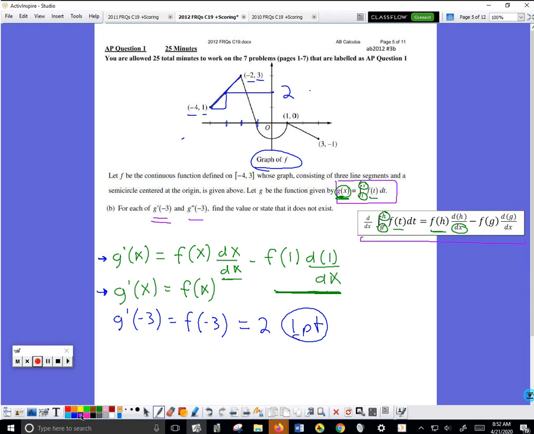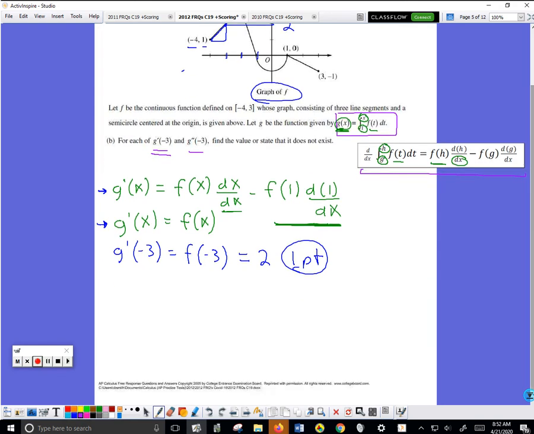Now we need to find g double prime. So, because g prime is equal to f, we can write on our paper that g double prime of x is f prime of x. So g double prime of negative 3 is going to be f prime of negative 3.